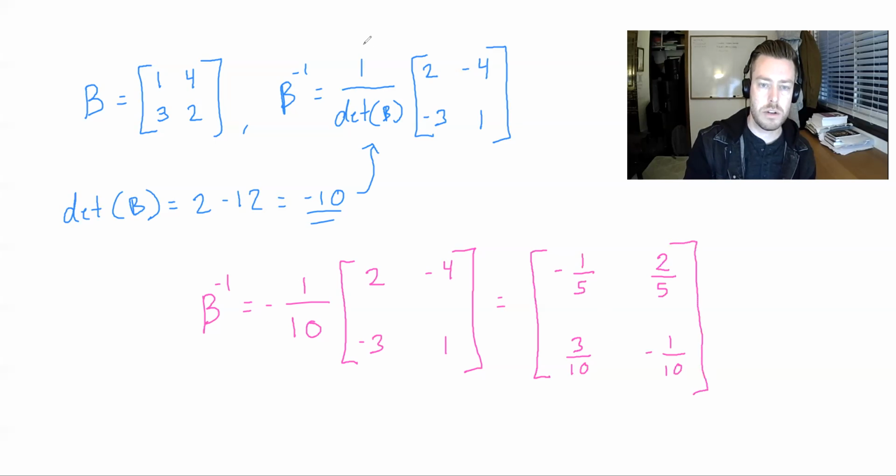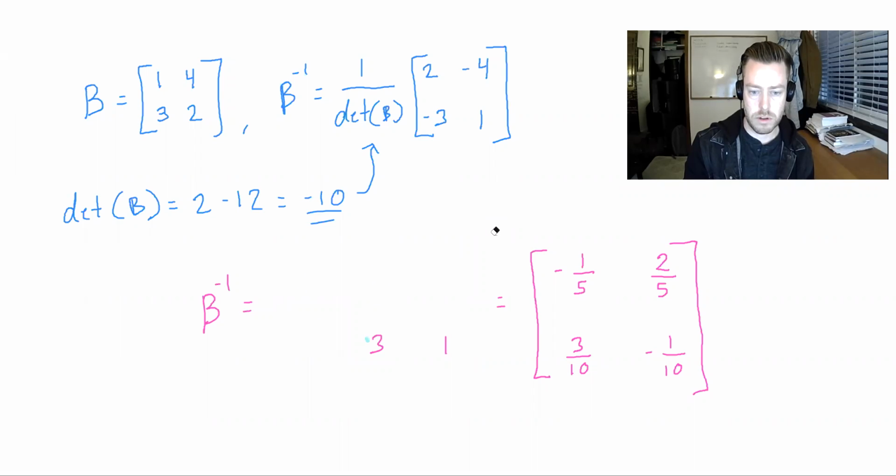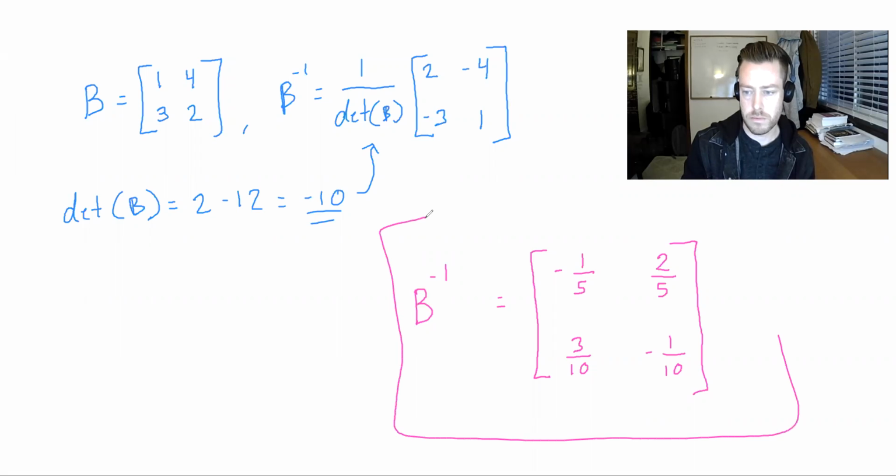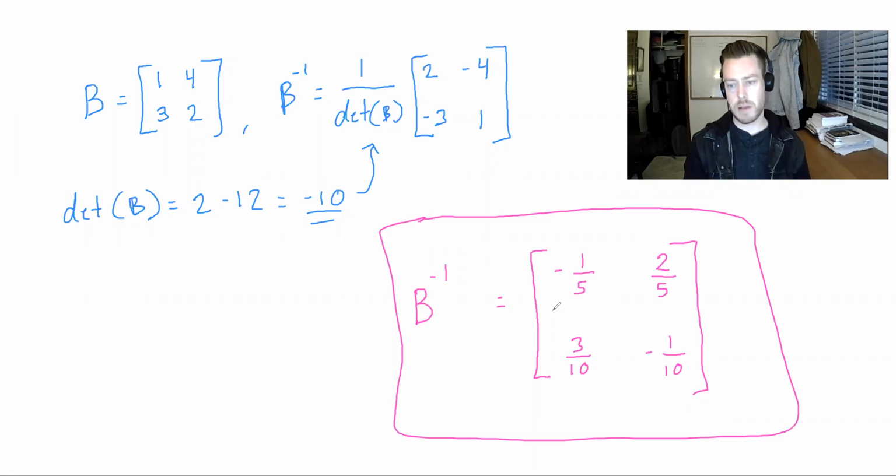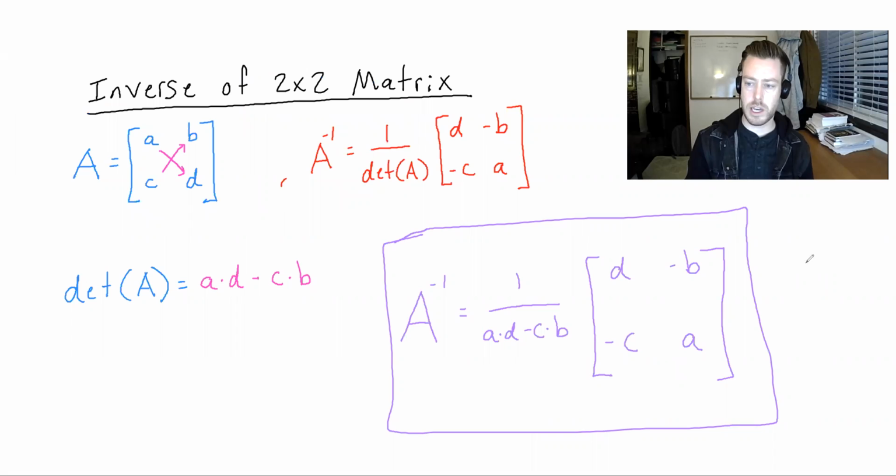So to re-illustrate, I'm going to delete this guy and make this clear here. This is our B inverse matrix. Okay. So that's an example of how to find the inverse of a matrix. And once again, this is the general formula for finding the inverse of a 2 by 2 matrix, specifically a 2 by 2 matrix. Okay.